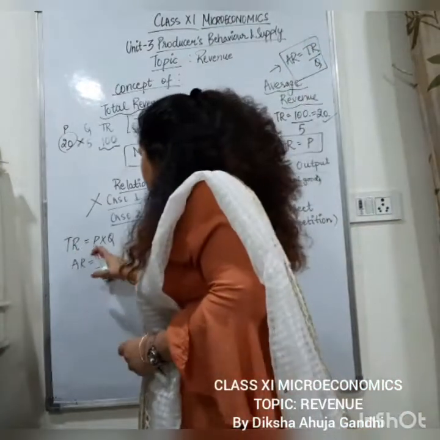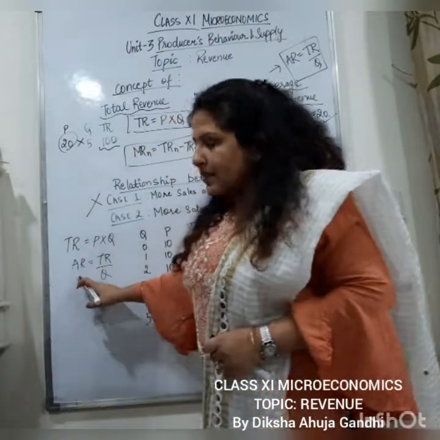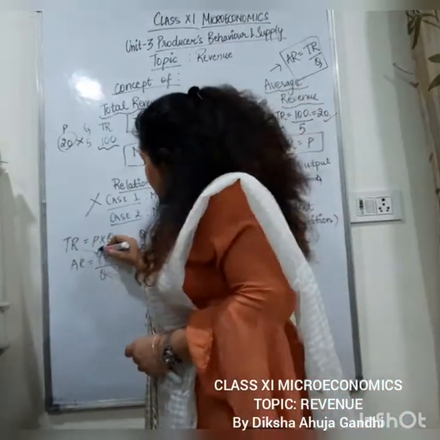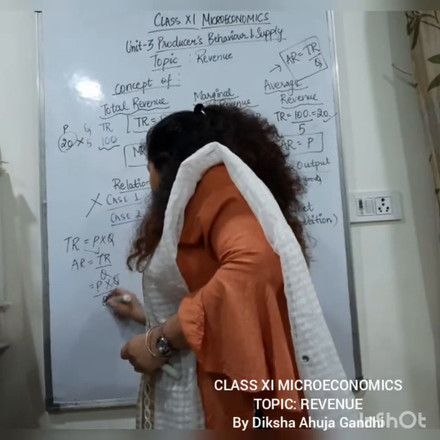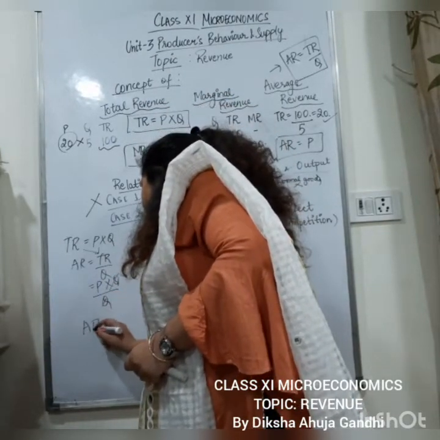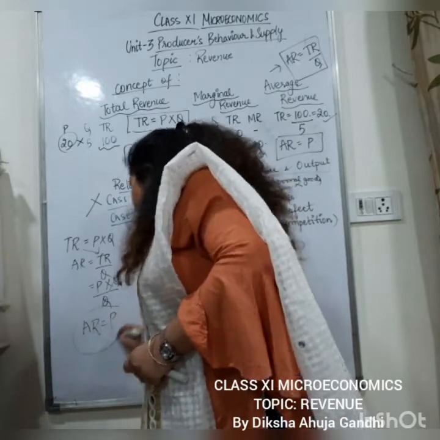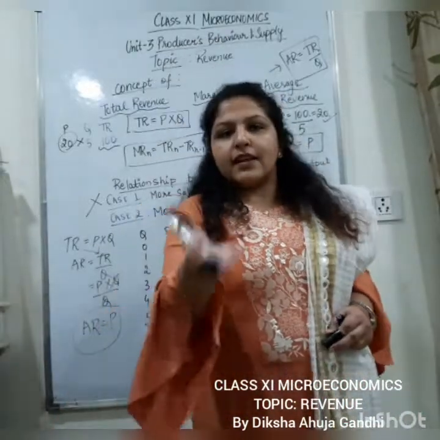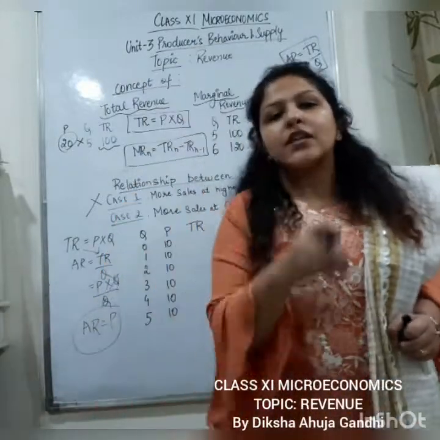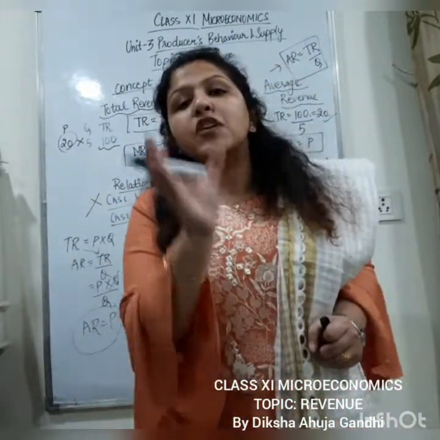So TR is equal to P into Q, AR is TR upon Q. Put the value of TR here, so P into Q upon Q. Cancel it out, and you'll get AR equal to price always. So wherever the price is written, you can also say yes, it is average revenue. After selling each commodity, how much money am I getting?